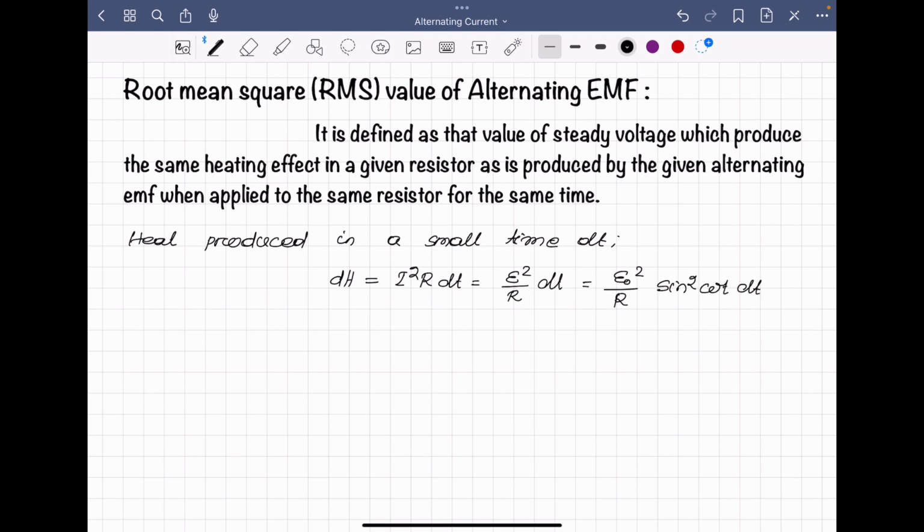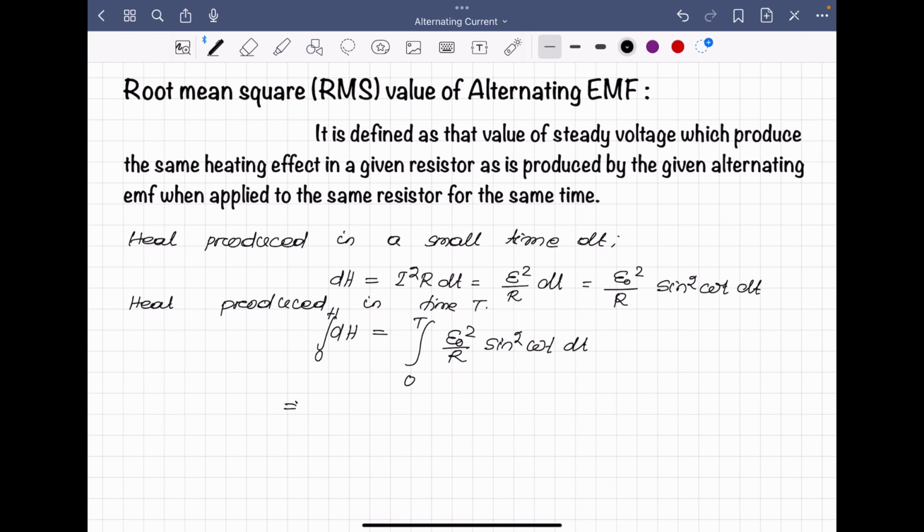For capital T time period, heat produced, integration of dH from 0 to H. In RHS side you can write integration of E naught square upon R sin square omega t dt, and the integration is from 0 to capital T.